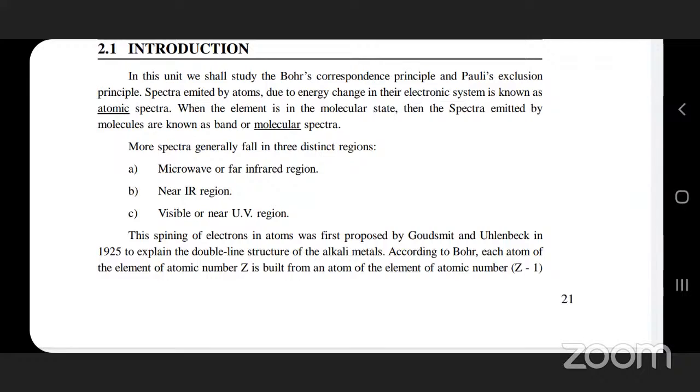Next, the spectra generally fall in three distinct regions. What are those regions?